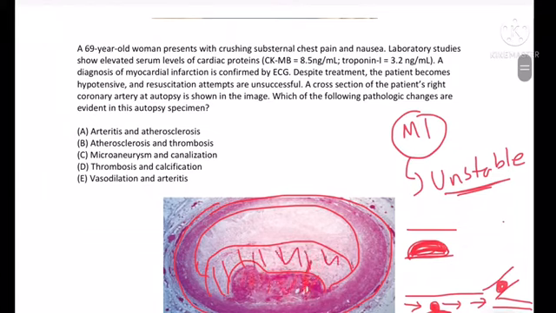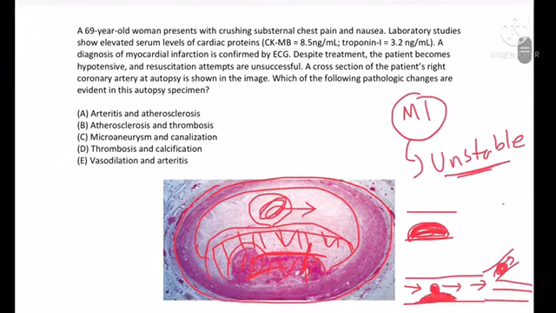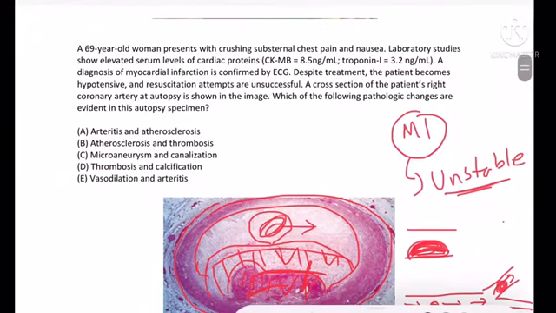So this lumen is occluded, and there was a thrombus here, and it cut off, went forward, and occluded the blood vessels. So let's see the options.